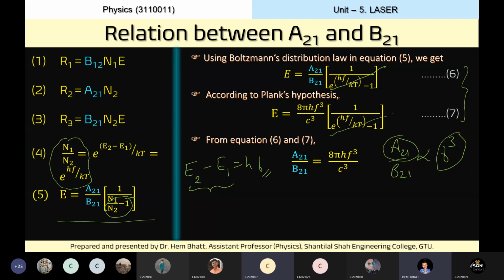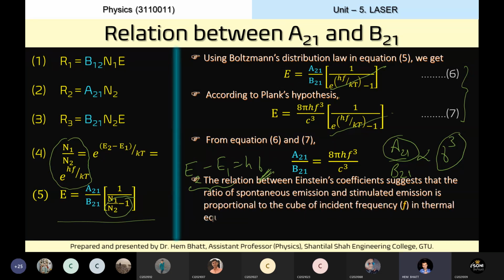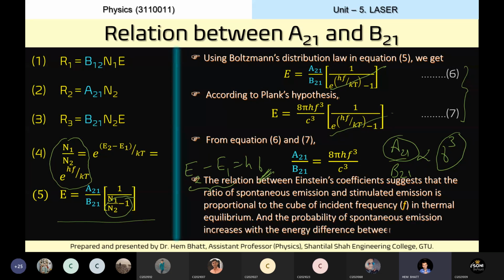What is a21? Einstein's coefficient of spontaneous emission. બરાબર. So if f increases, spontaneous emission is more likely to take place. તો spontaneous emission વધારે થશે, stimulated emission ઓછું થશે, અને તો એવું મટીરિયલ છે એ આપણી માટે લેઝર ઉત્પન્ન કરવા માટે ઉપયોગી નથી. So that is the central idea of this derivation.